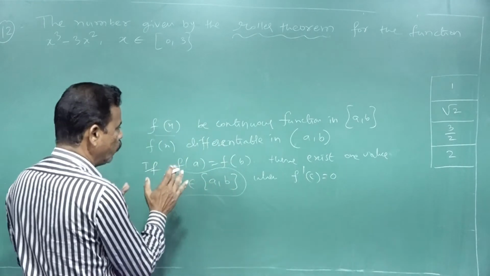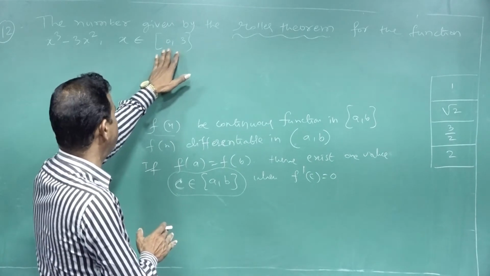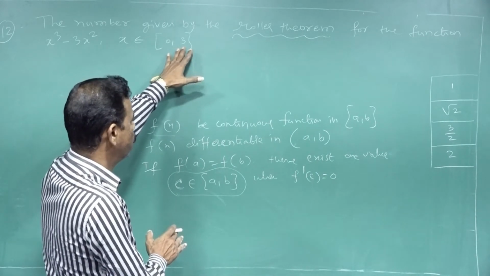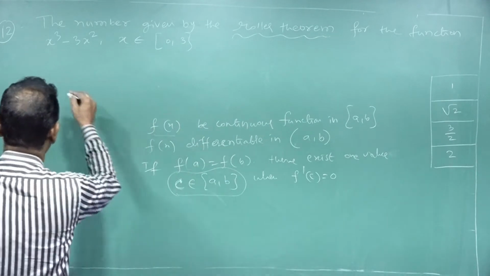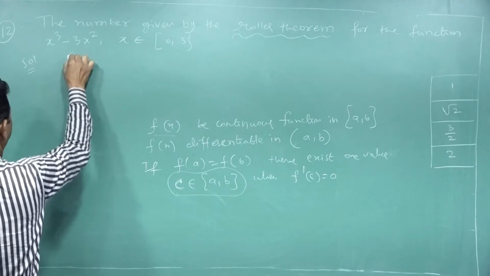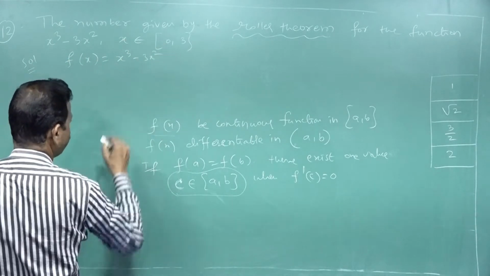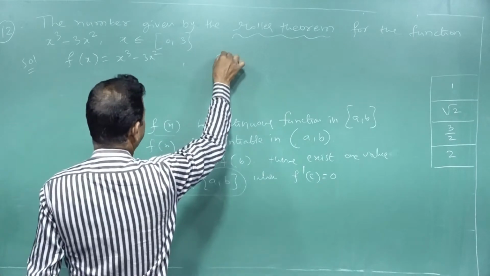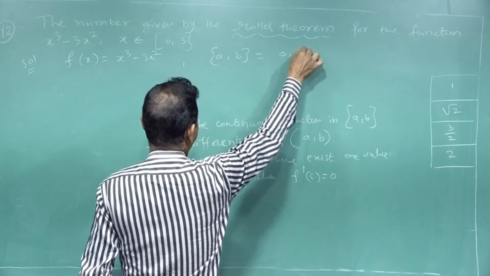So we check this concept. Here a is 0, b is 3. So here the condition is f(a) is equal to f(b). Coming to the solution, f(x) is x cube minus 3x square. So here (a, b) is (0, 3).